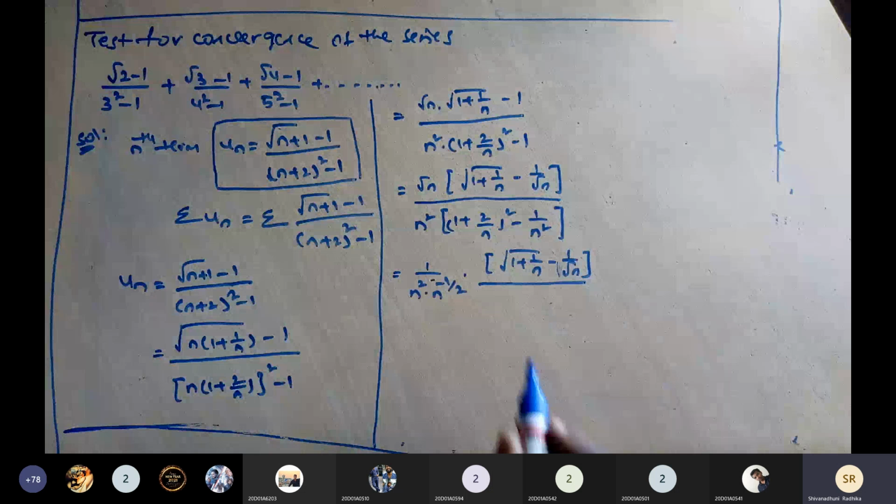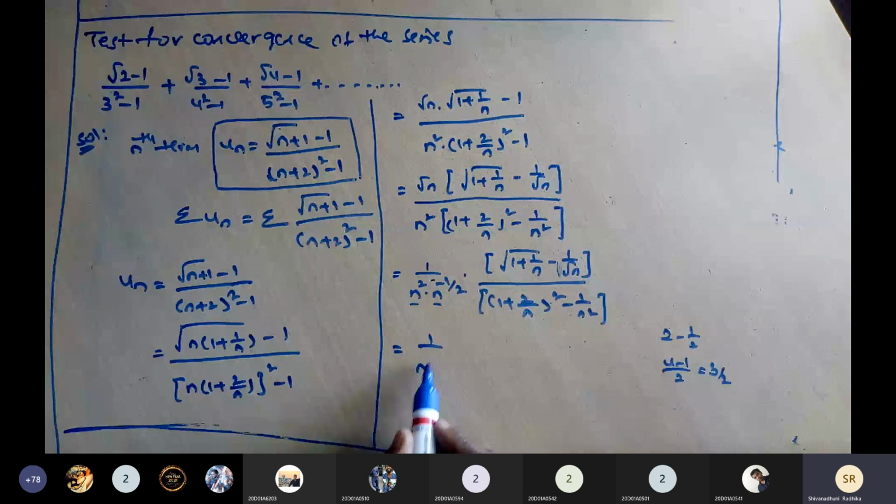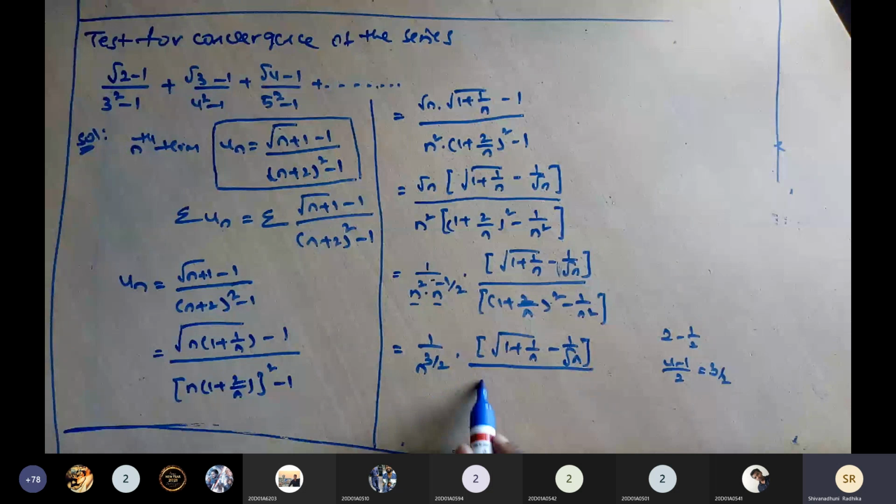So 1 by n to the power of 3 by 2 into the numerator, under root of 1 plus 1 by n minus 1 by root n, by 1 plus 2 by n whole square minus 1 by n square. Completed. This is the reduced un term. Now it is easy to write the choosing of vn term.